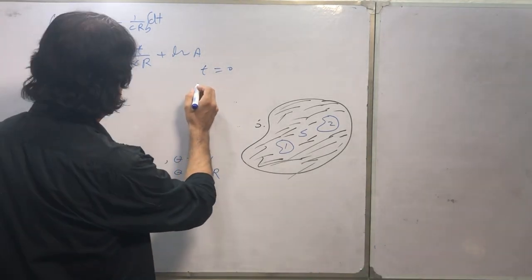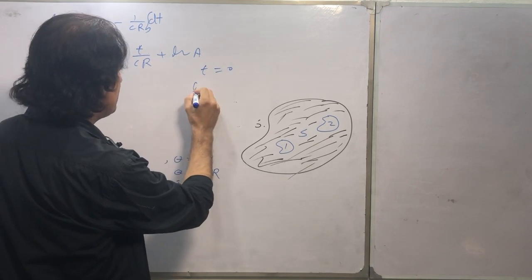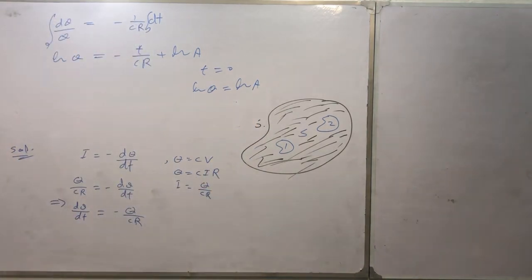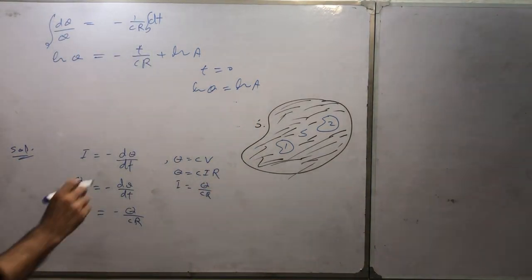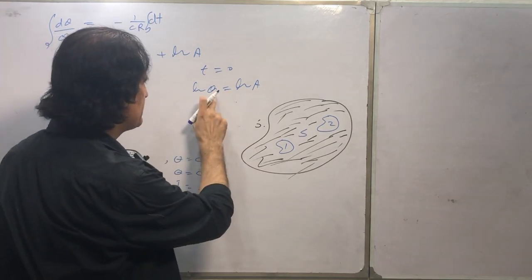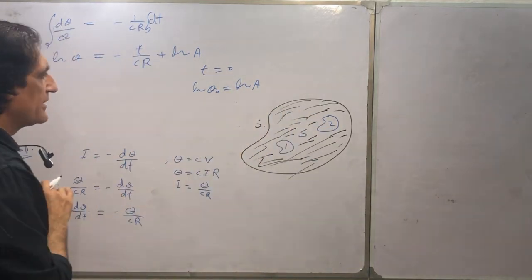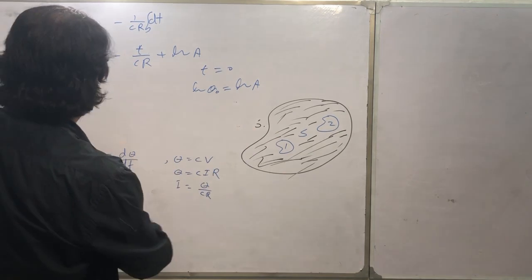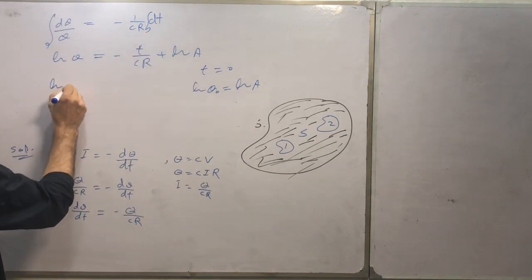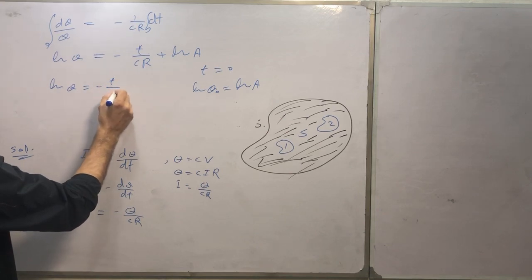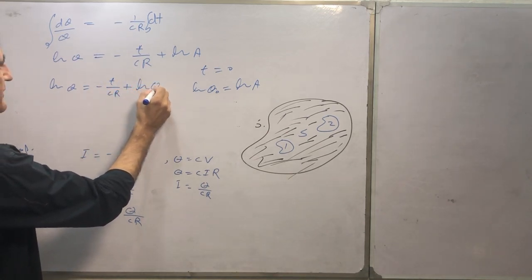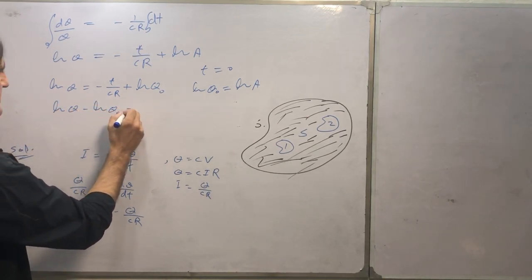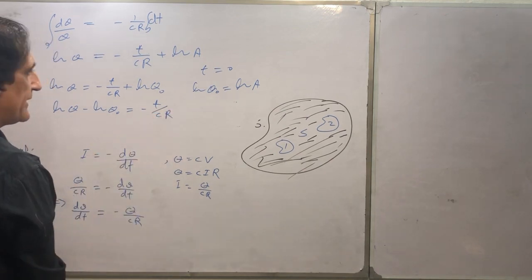At t equal to 0, log of Q is equal to log of A. Initially the charge on 1 and 2 is Q naught, so log of Q is equal to minus t divided by CR plus log of Q naught, and then log of Q minus log of Q naught is equal to minus t divided by CR.